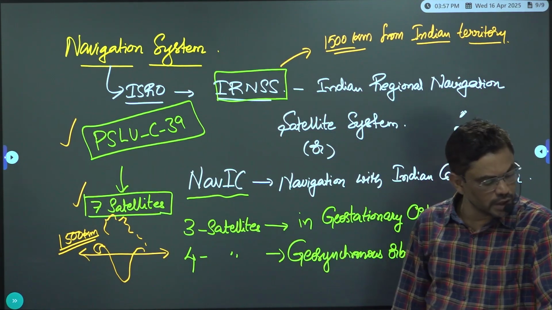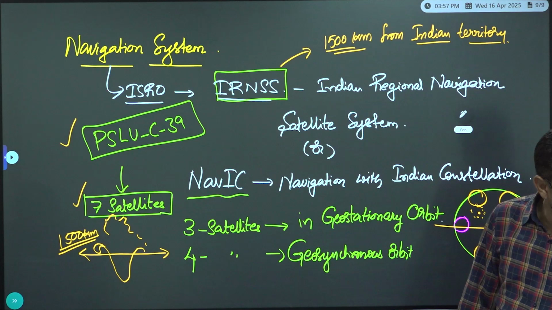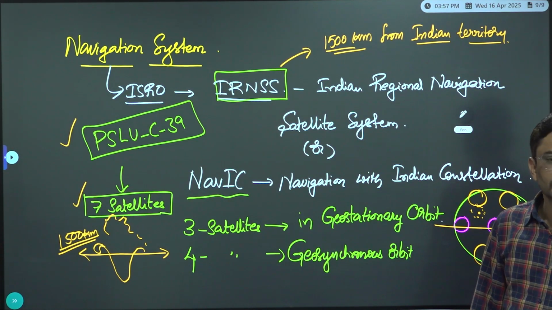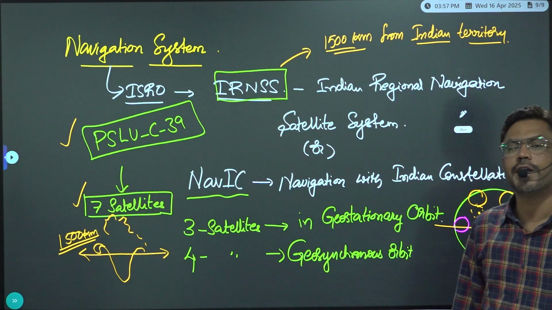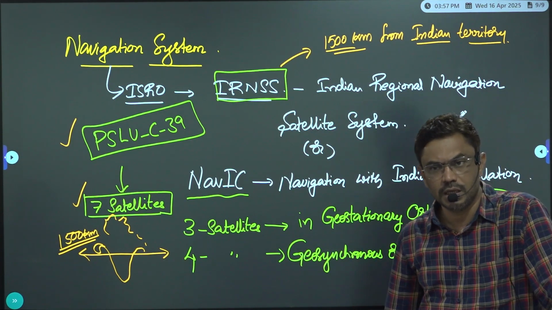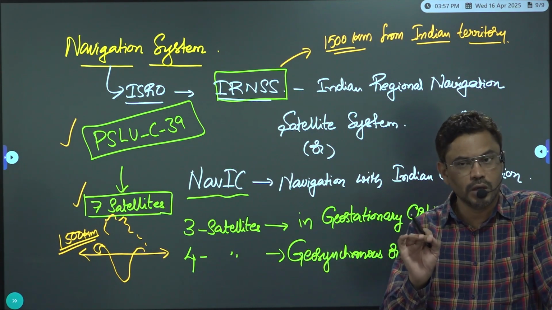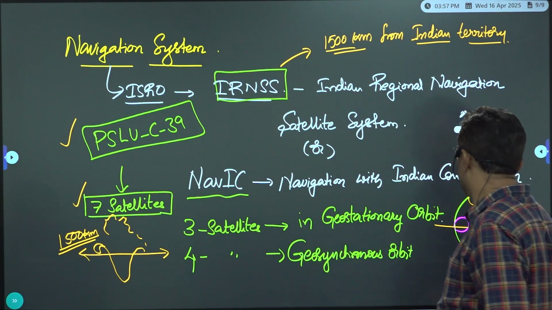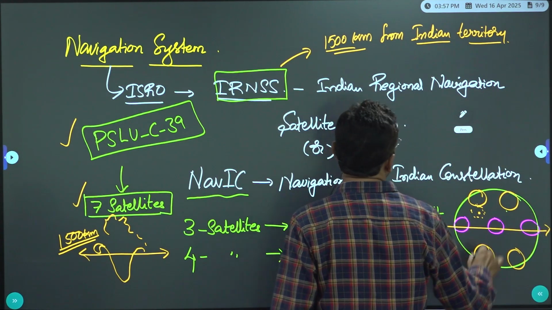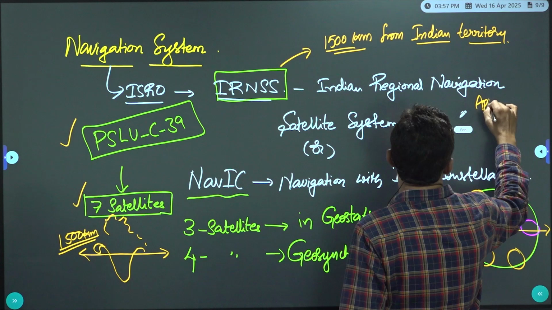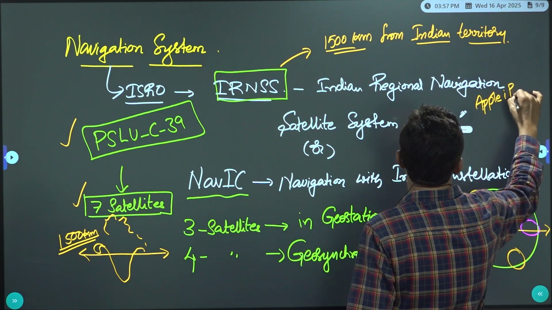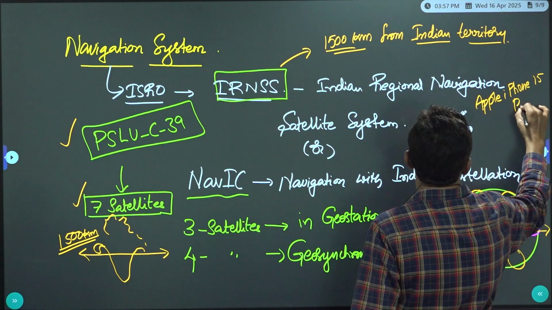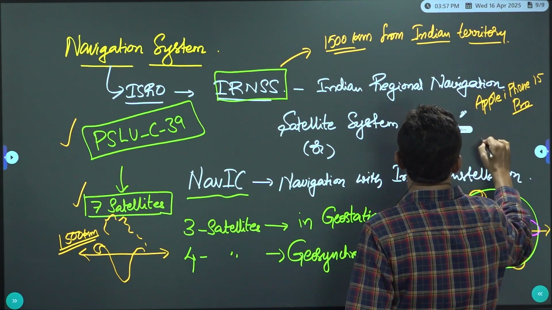That is the navigation system. Now, NAVIC has been integrated in various smartphones like Apple iPhone 15 Pro and Apple iPhone 15 Pro Max.